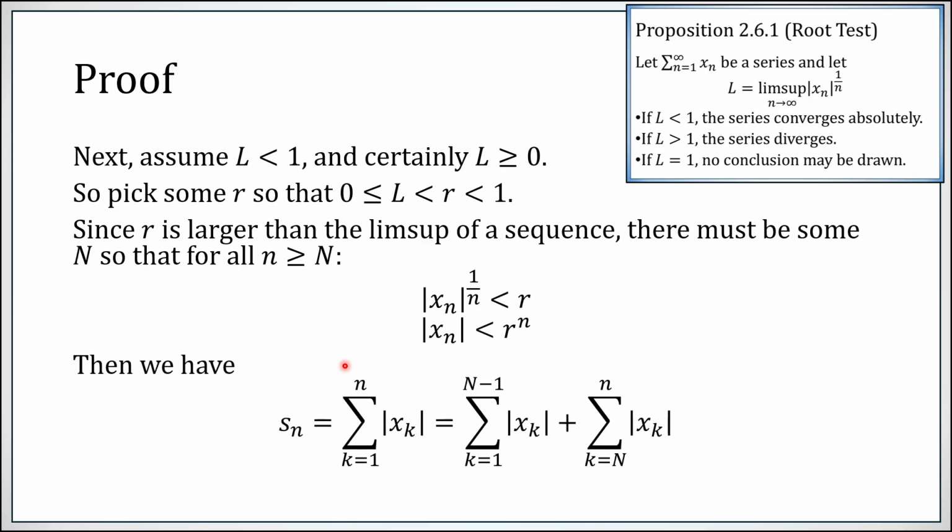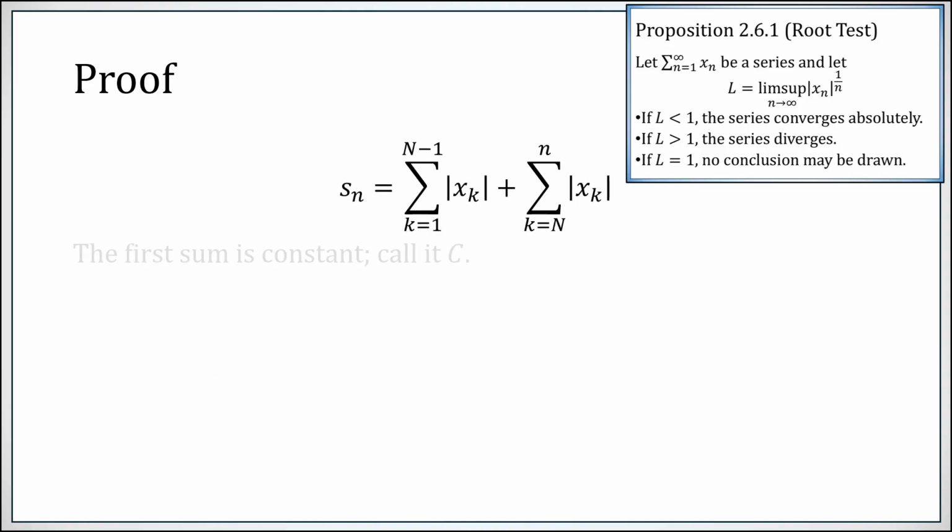Then, if we look at the nth partial sum, where we are now attempting to show absolute convergence, so we're going to take an absolute value of xk in here, we're going to break off up to index N minus 1 and then look at past index N as a separate collection of terms. So the first sum is simply a constant. Capital N is a fixed index now.